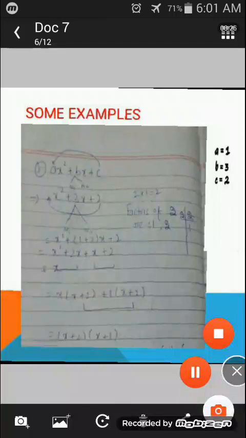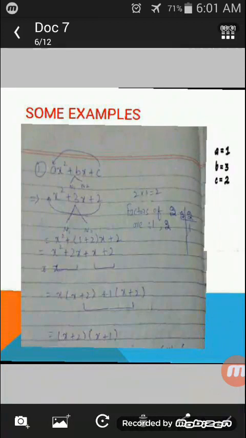Some examples. Example number 1 is ax square plus bx plus c is the general expression. We take example x square plus 3x plus 2. First you multiply 2 into 1, then you split 3 into 2 numbers.